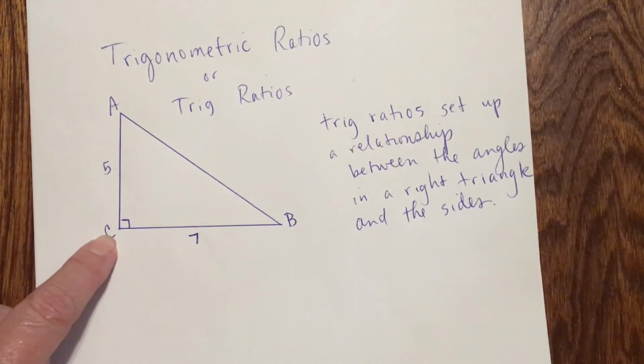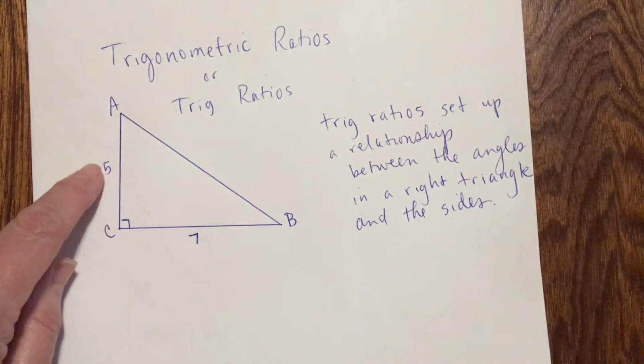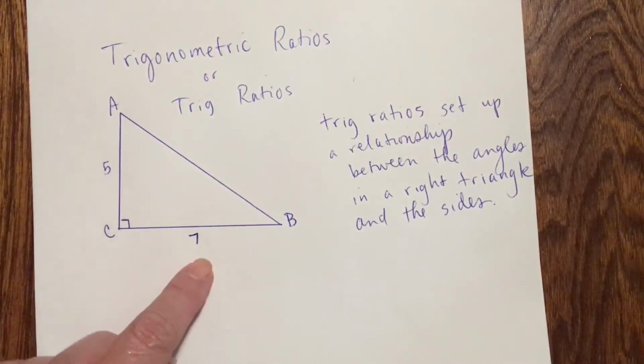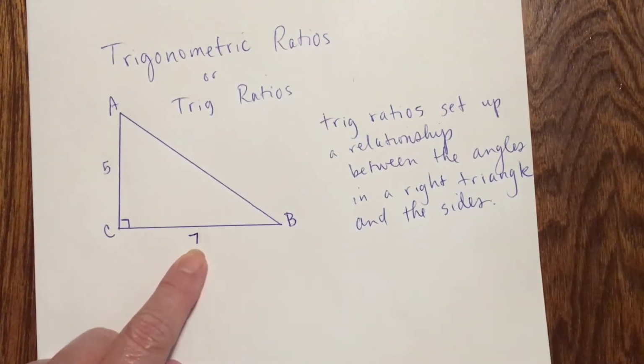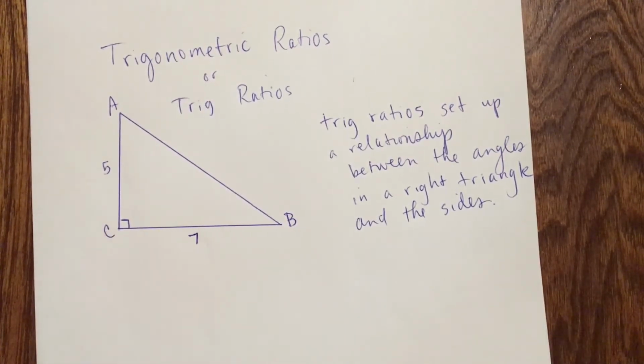But the opposite and the adjacent sides are always one of the legs. And so as I look at C, they're both legs, and they're both adjacent to C.